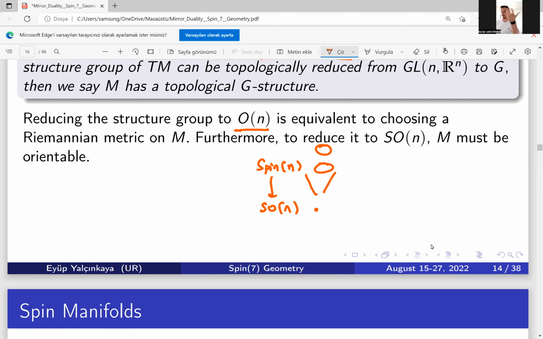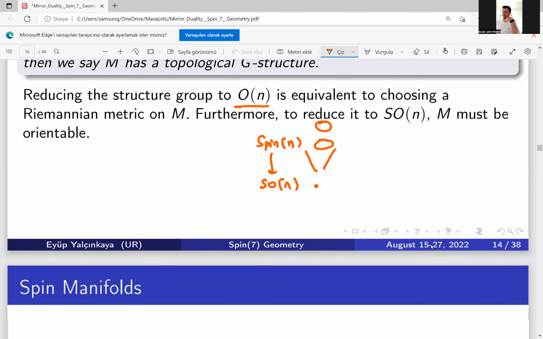So each particle has the spin structure, and it depends. You know, the physical background is not so good for me, but for each particle, some of them have the spin structure. Some particles are spin particles, so it has the spin structure separated into two pieces.